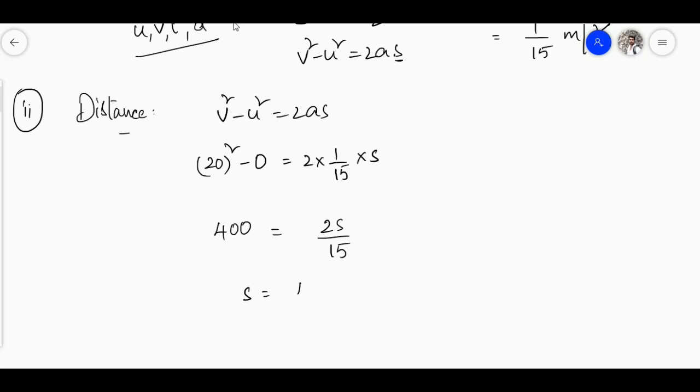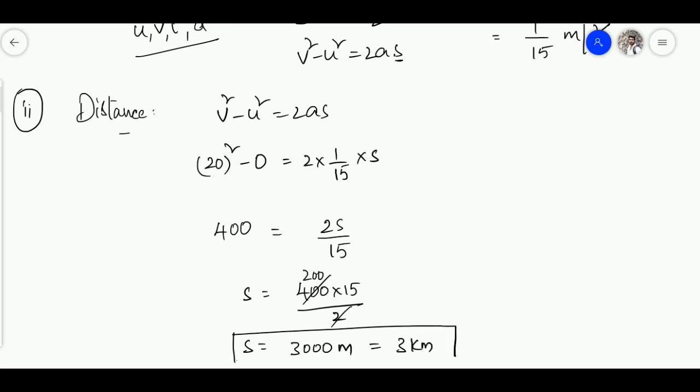So s equal to 400 into 15 by 2, 200. That gives you 3000 meters. That is 3 kilometers. So to attain 72 km per hour in 5 minutes, it has to travel 3 kilometers.